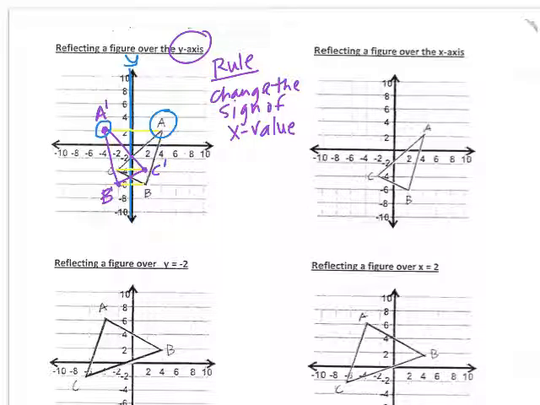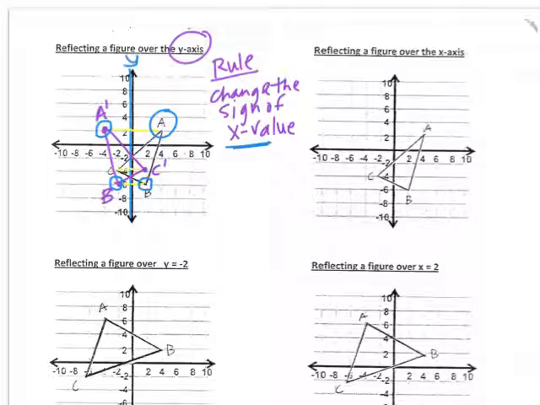Alright, and B was at x is 2, but now in our new image, x is negative 2. So what we're saying is change the sign of the x value. The y value remains the same. We didn't change how far up or down that figure moved. It just reflected over the y-axis.